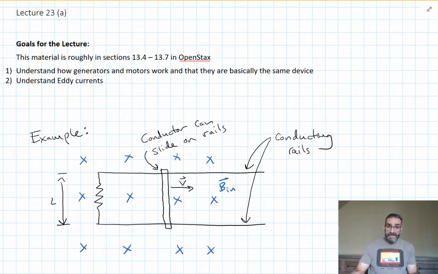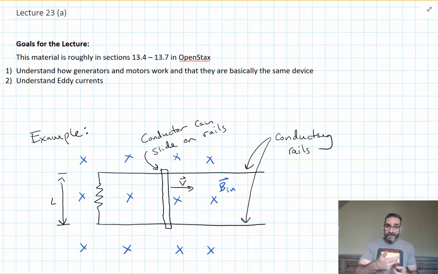We said the bar sliding to the right increases the area, which increases the amount of flux, and the magnetic field is pointing into the page. So we're increasing the flux into the page. A current is going to get set up to try to get it back to its original state of low flux.